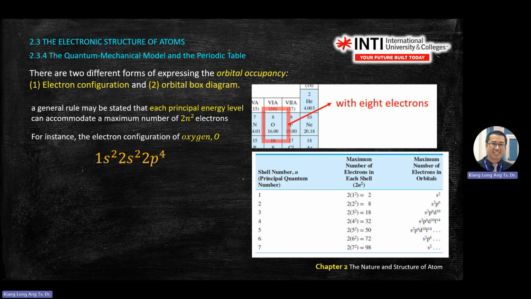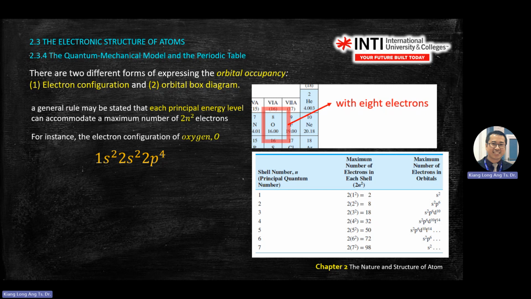You park 2 in the first shell, balance is 6. So you write 1s2. You park 2 already, then the remaining 6.